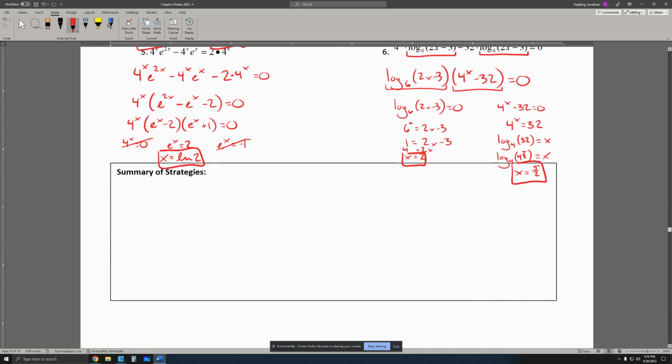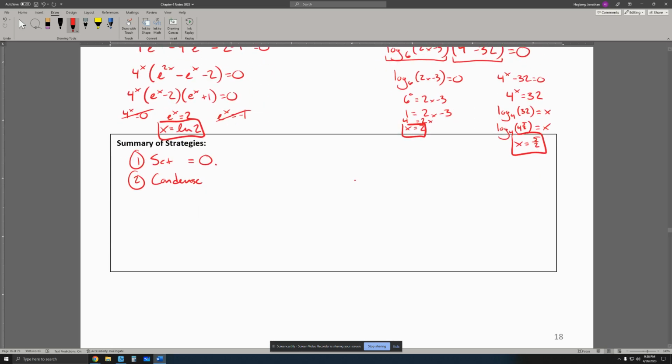Okay. So a summary of the strategies that we're going to try here. First things first, we're going to set the equation equal to 0. Step 2 is to condense as much as we can.